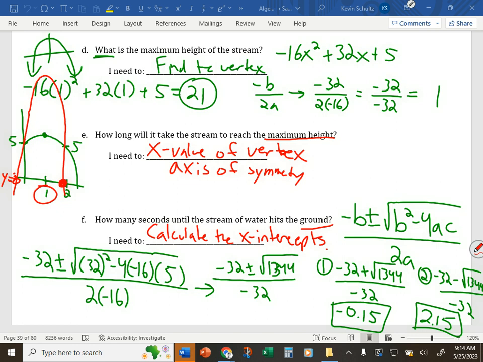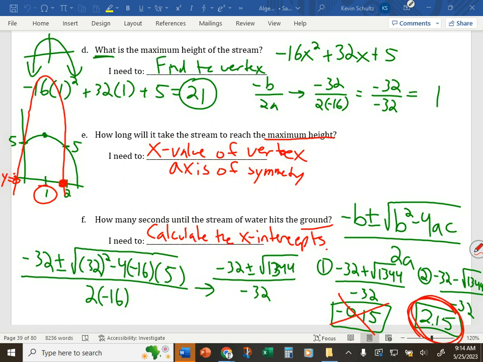But in context, can we go back in time for when the water hits the ground? No. This is what we call an extraneous solution. A solution that mathematically makes sense, but contextually doesn't. Contextually, the only answer that we're going to keep is the 2.15.